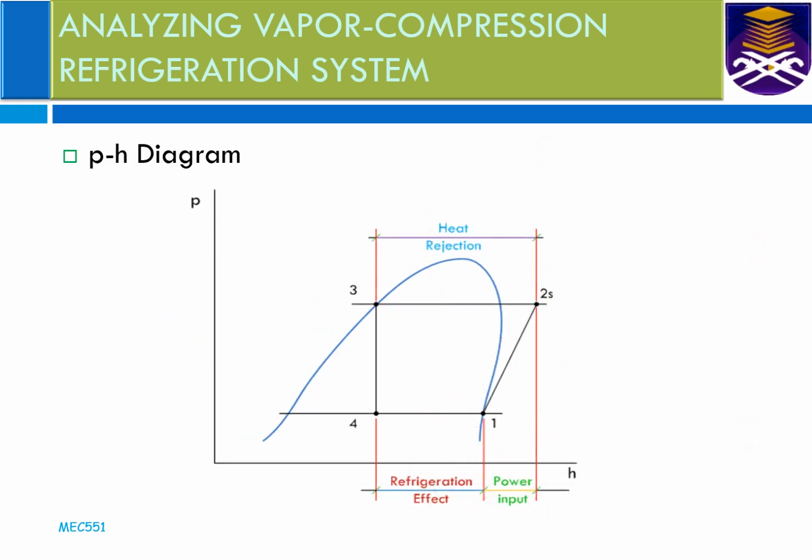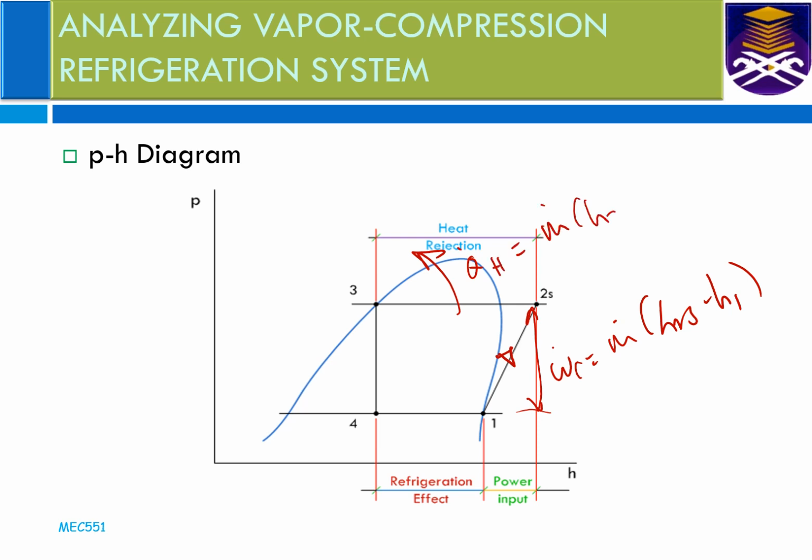The pressure-enthalpy diagram. So process 1 to 2 is W dot C, which is m dot (H2S minus H1). Then the heat rejection is m dot (H3 minus H2S).